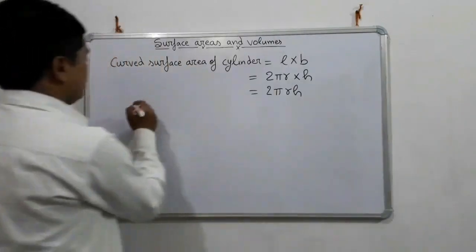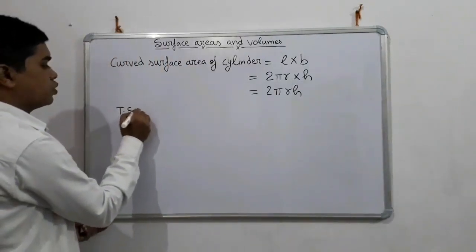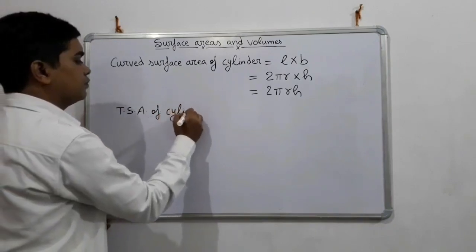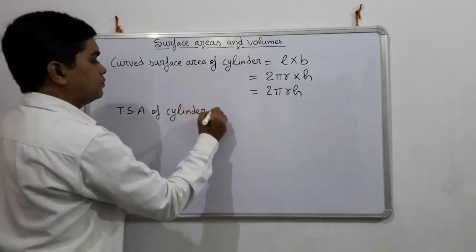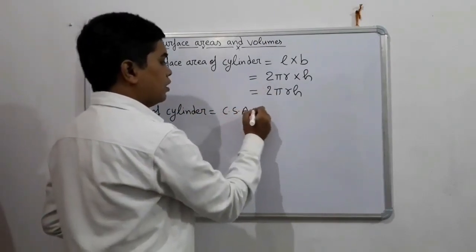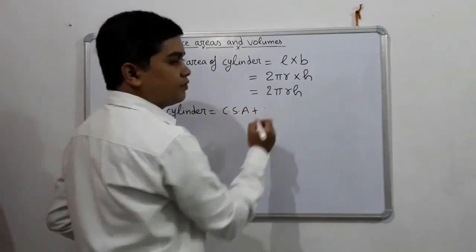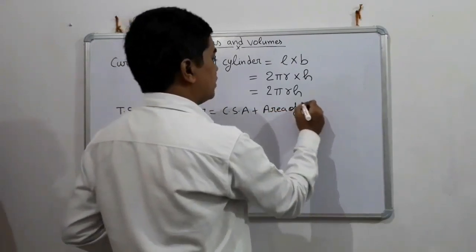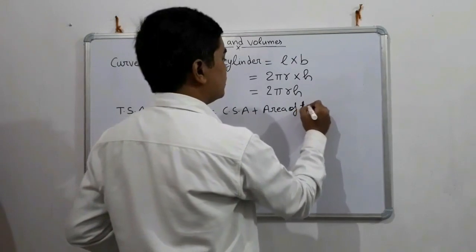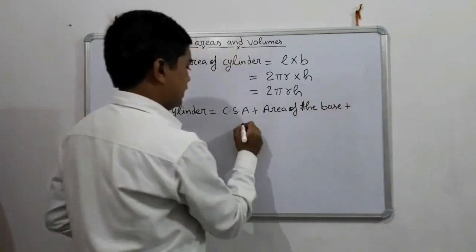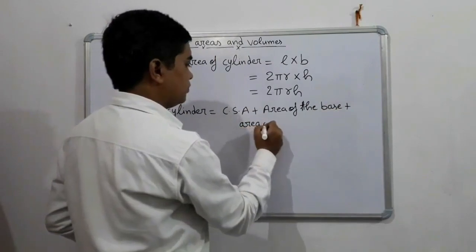So TSA, means total surface area of cylinder, will be CSA plus area of the base plus area of the top.